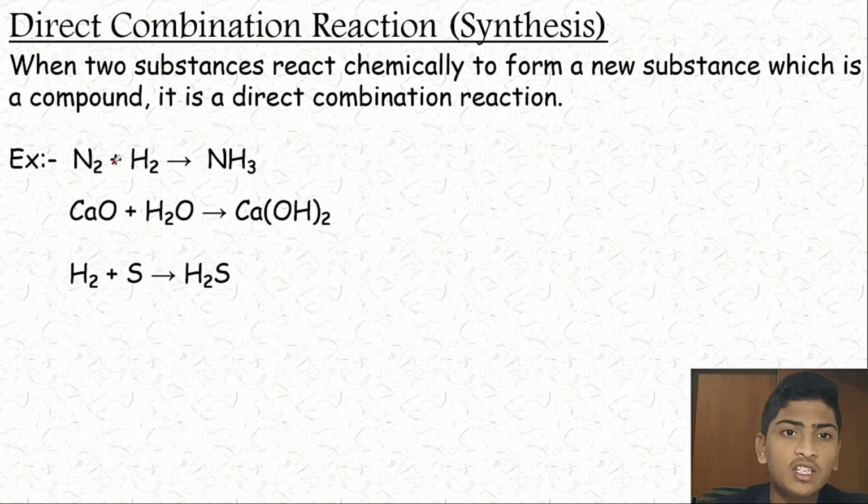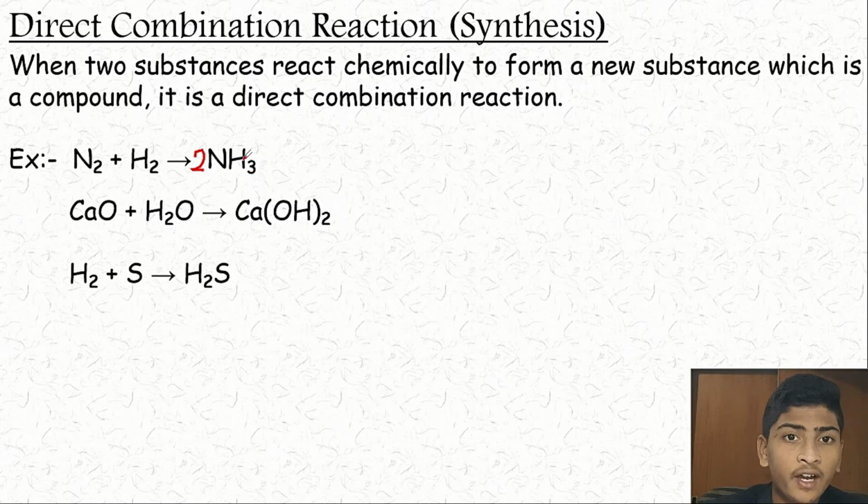This equation is not balanced because here there are 2 nitrogen atoms and here 1 atom. Hydrogen 2 atoms, hydrogen 3 atoms. So if we write 2 here, then nitrogen will be balanced, but hydrogen is not. Here hydrogens are 6, so we multiply 2 into 3.